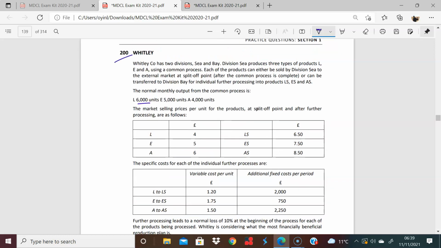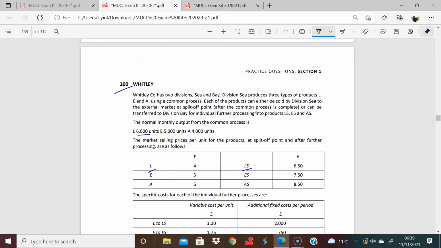If you just get to where you are with L, there are 2 points, aren't there? There's the first point of getting to L, and then the next point of getting to LS. If I just get to L, my revenue is going to be 6,000 units times £4, which is £24,000.